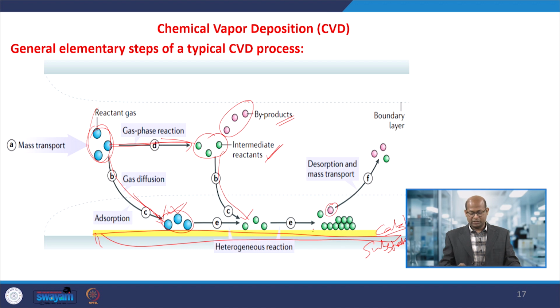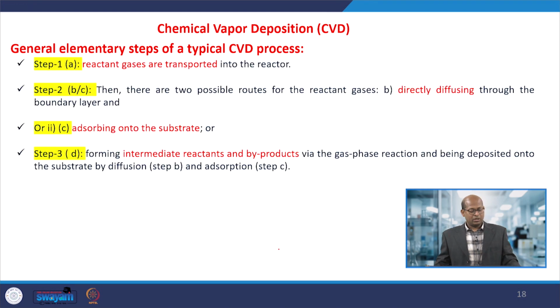They may react over the surface of the substrate, and then film or nanotube formation would occur there, and some byproducts or intermediate products may come out from the surface of the catalyst or the material where we are going to deposit, so that a layer formation would occur. In step by step terms, the reactant gases are transported into the reactor, which we have already discussed. In the second step, they may diffuse directly through the boundary layer or adsorb on the surface.